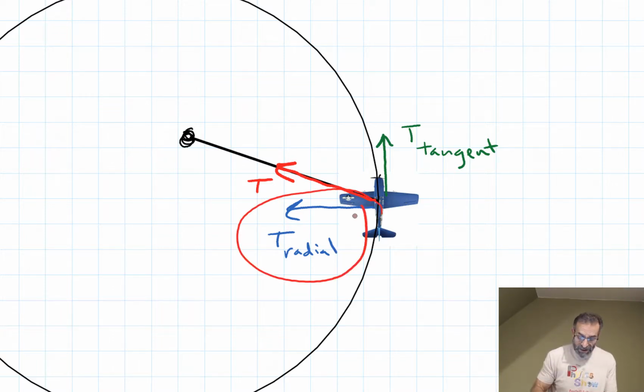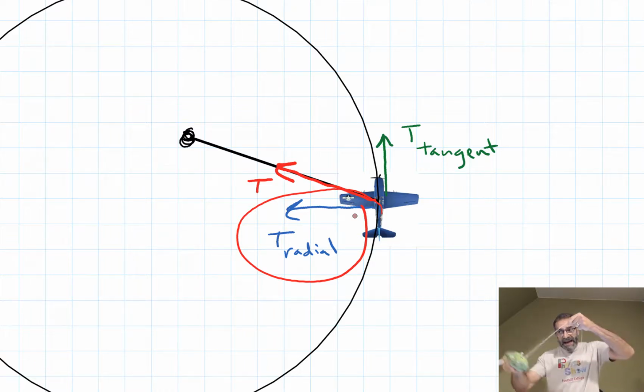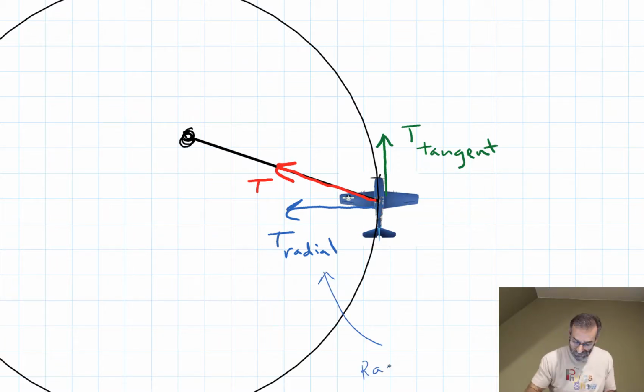This one, we know what it does. The component in the radial direction just changes the direction as the object swings around, and it does not affect the speed at all.